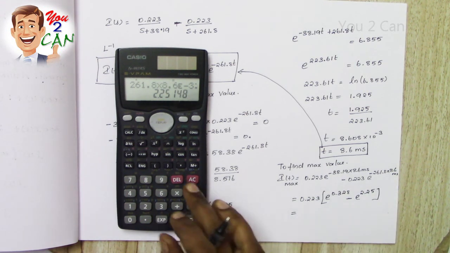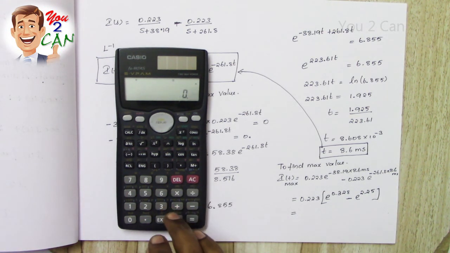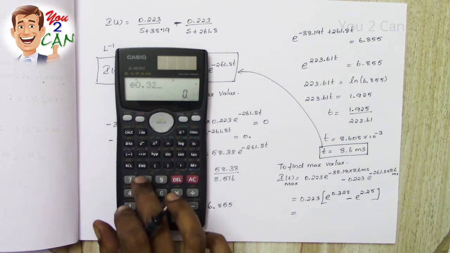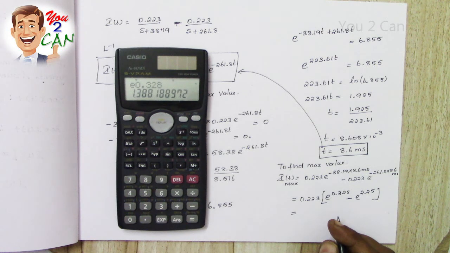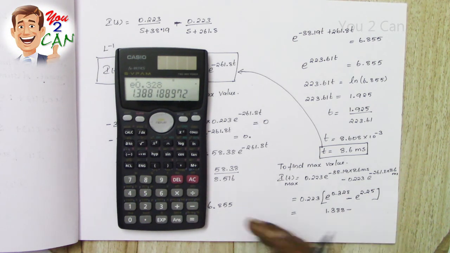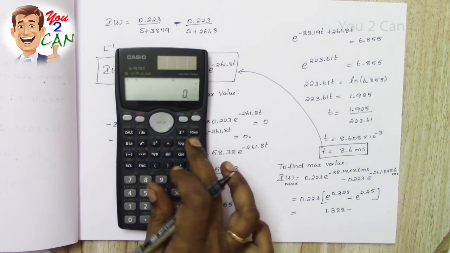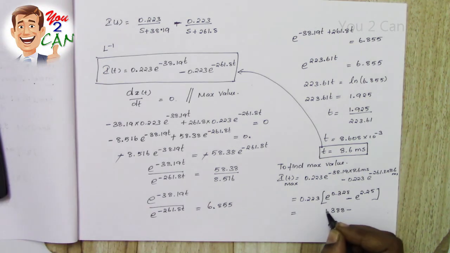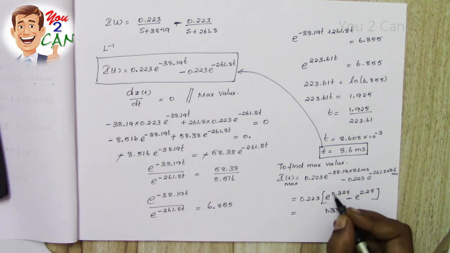Okay, so e power 0.328 is 1.388 minus e power 2.25. Sorry, a mistake. Let's continue.